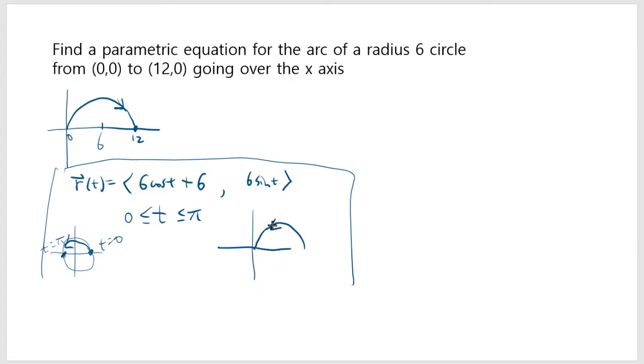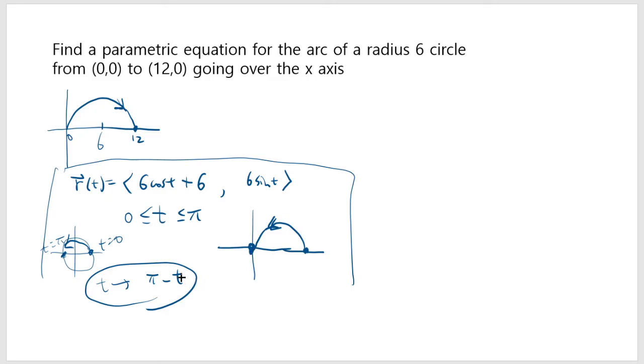Okay, so how do you change this? Well, you want to start from pi and you want to end at 0, right? So one nice thing you can do is replace t by pi minus t. If you replace t by pi minus t, then when t is 0, pi will be plugged in, so it will have the effect of starting from here.